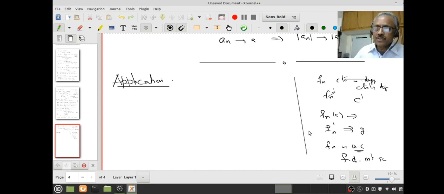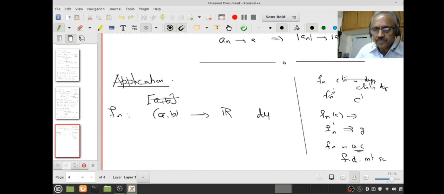Now what I want to do is prove the same thing without the condition that derivatives are continuous. That is what we want. I have an interval (a, b), a finite interval. Let's assume it's open, so that you do not worry about endpoints, and I have f_n differentiable. Suppose c is a point in (a, b).